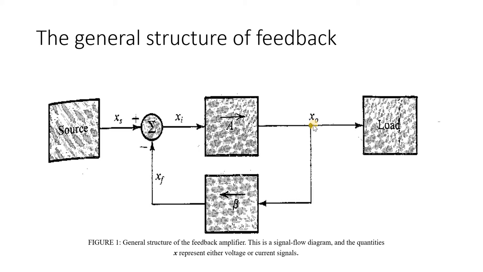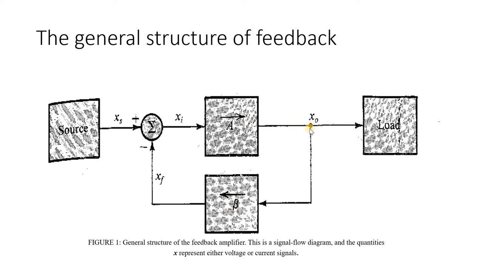Feedback signal is nothing but part of the output which will be given as feedback at the input side. This will be combined with your actual input signal, and the adder is going to produce some signal xi, right? So xi is nothing but xs minus xf. This is the open loop amplifier, and this is the beta factor, the feedback factor.